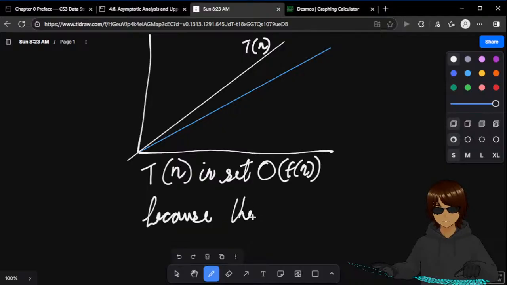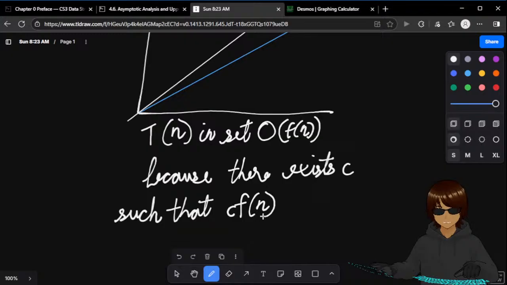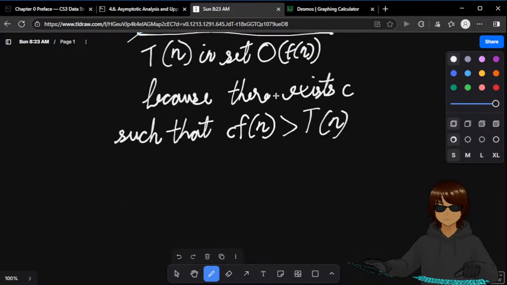Because there exists c such that c times f(n) becomes more than T(n). There exists a value of c such that if you make this steeper, it becomes more than T(n).